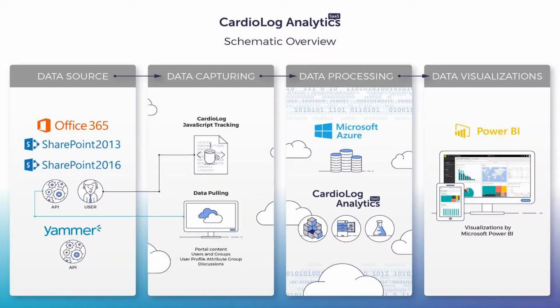Also, if some page was viewed, we can know not just the URL of this page, but also the title of this page and who is the owner of it. You can also aggregate data for an entire logical level of the portal, whether it's a site, a library, and so on. This way you can also see unused content. Because we map the entire content of the portal, we can also identify what content is actually not being used.